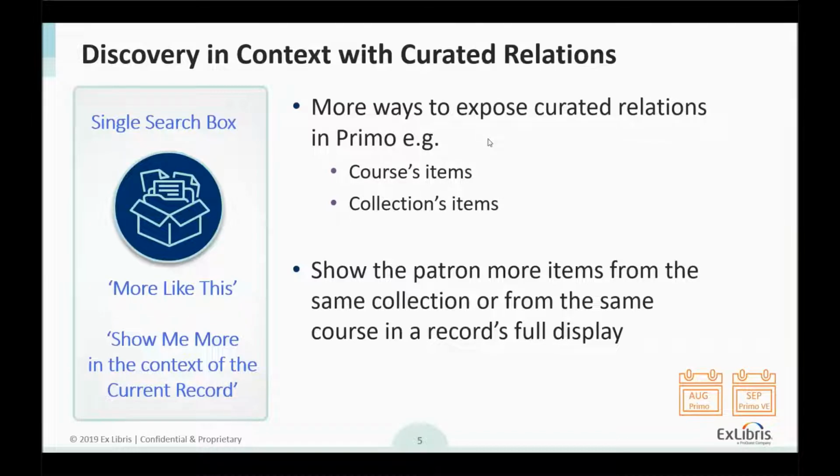Now, with this release, we are giving much more exposure to relations that were curated by other instructors, such as a correlated item under the same course. So we want to give much more meaning and exposure in the right context to those items.